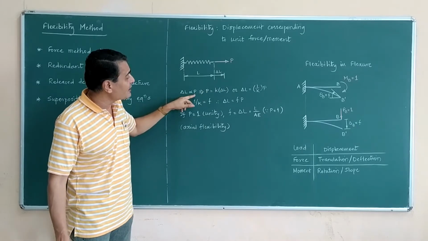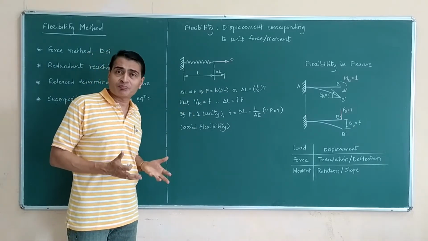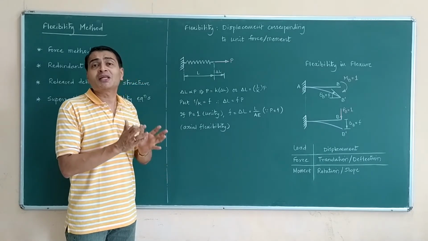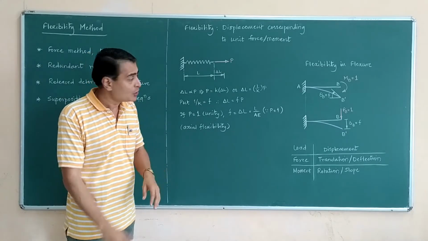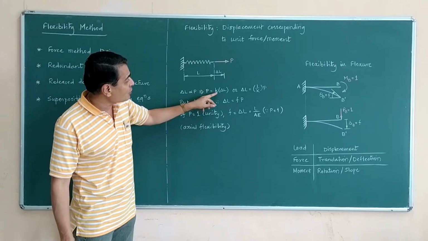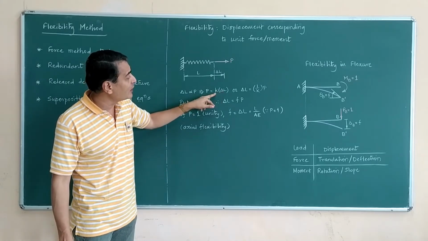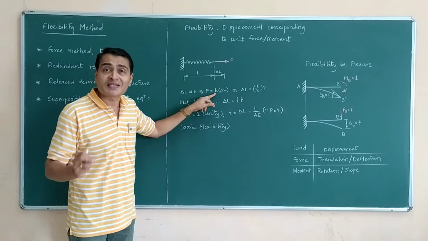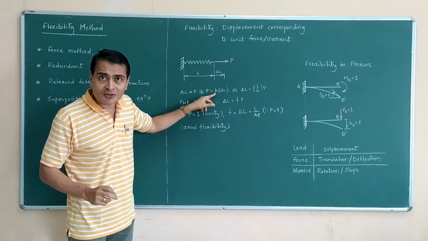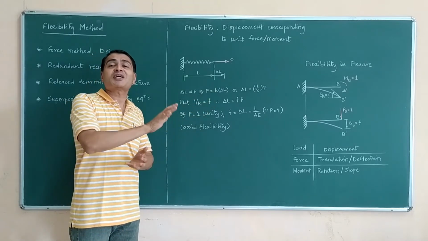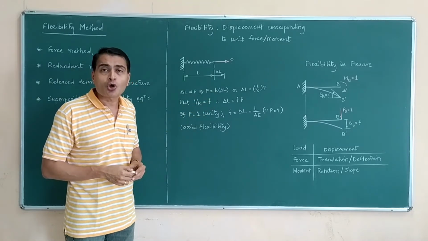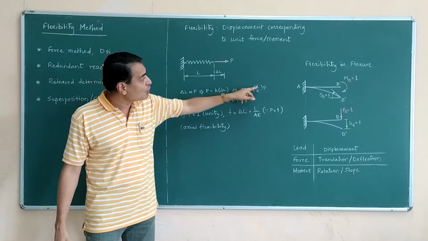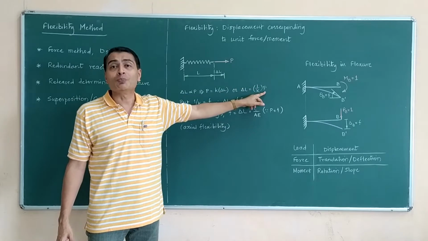This delta L is proportional to P. More the P, more the elongation, of course within elastic limits. So I get P is equal to K times delta L, where K, the proportionality constant, is called as stiffness or spring constant. But if I express the same relation in inverse or using reciprocal, I am getting delta L is equal to 1 upon K into P.